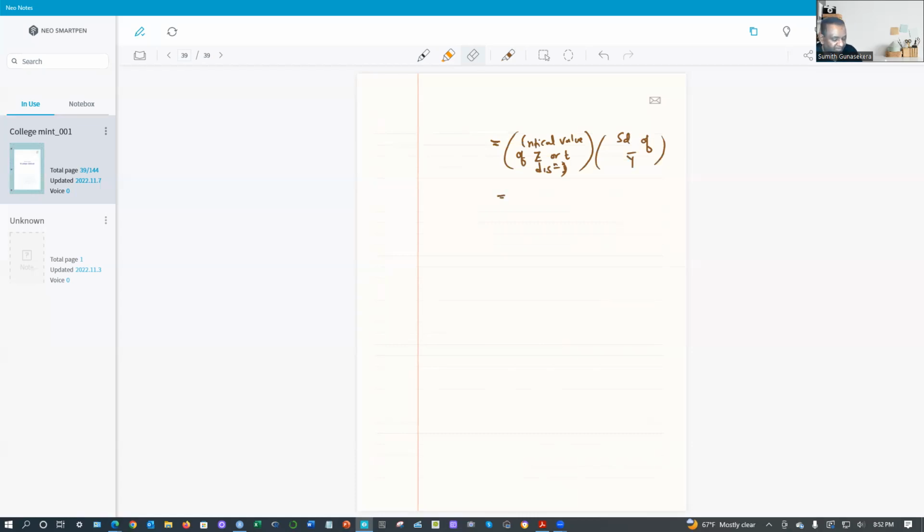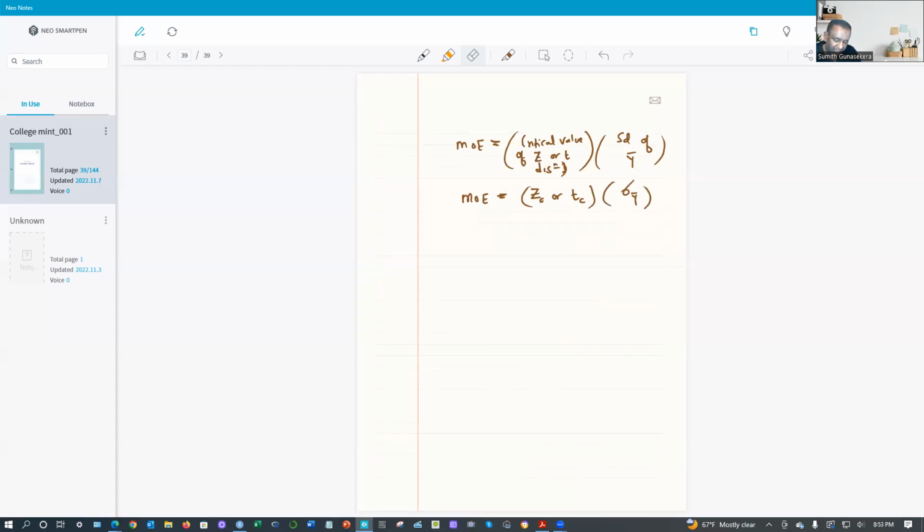That is the maximum error that can be incurred: Z critical or T critical, times sigma y bar.